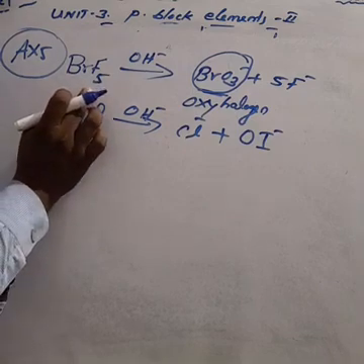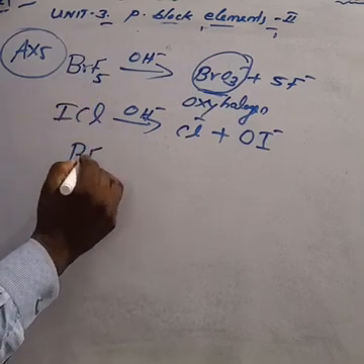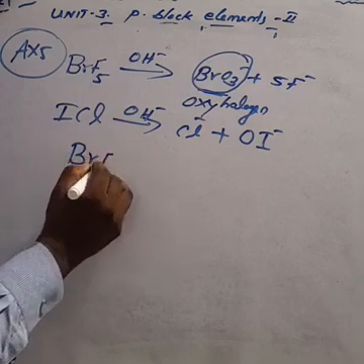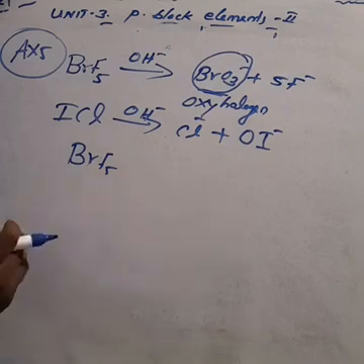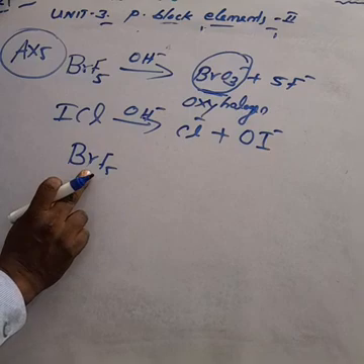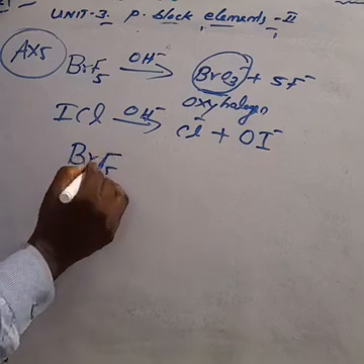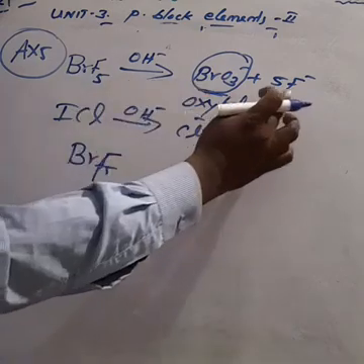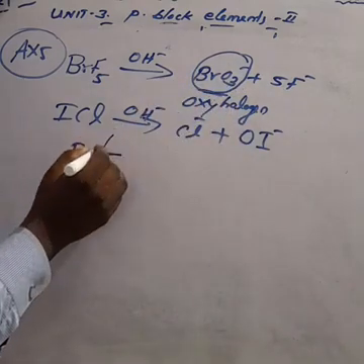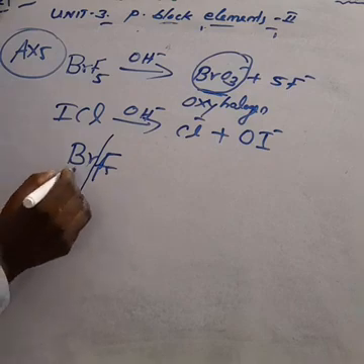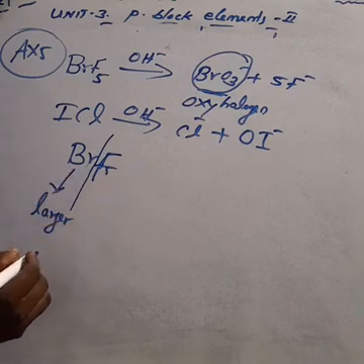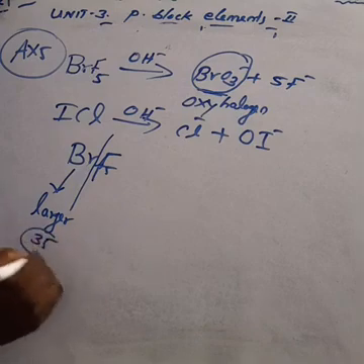Okay, we already learned that interhalogen compounds can be classified into AB, AB3, AB5 and AB7 types. Here the AB5 type is BrF5. On reacting with alkali, we get F minus and BrO3 minus. Larger halogen and smaller halogen: when comparing bromine and fluorine, the atomic number of bromine is 35 and fluorine is 9.